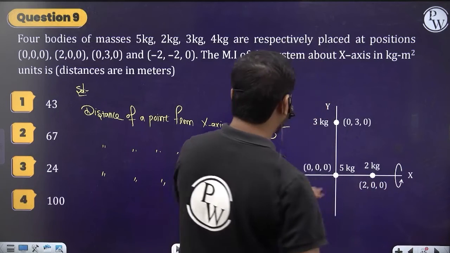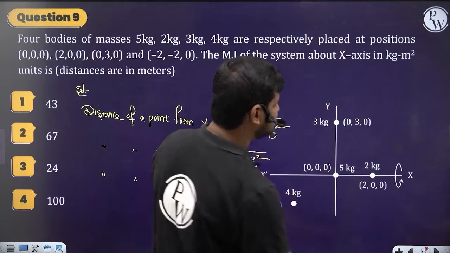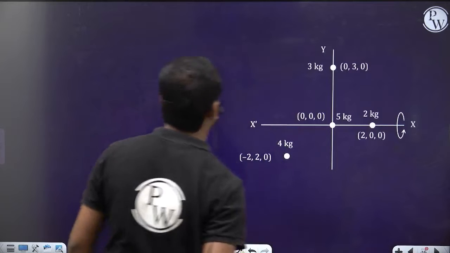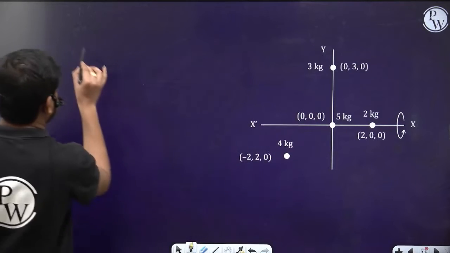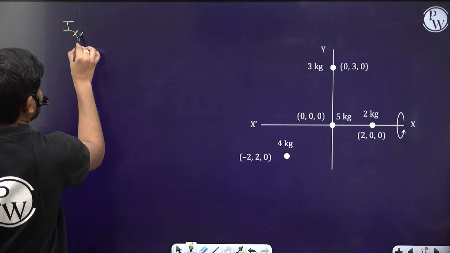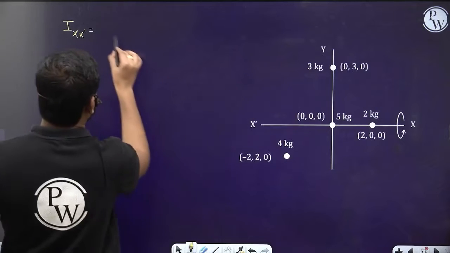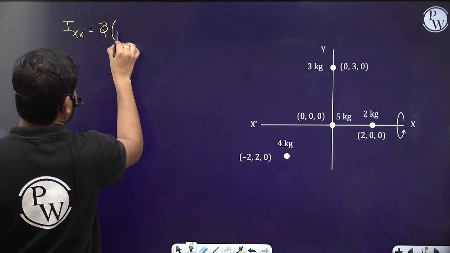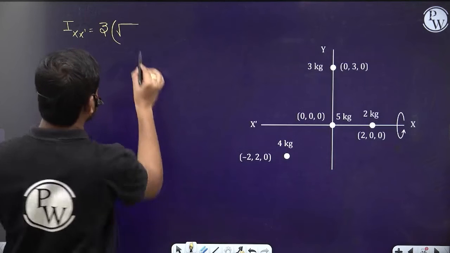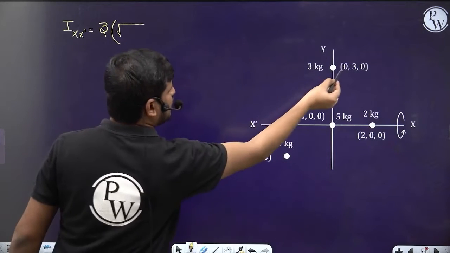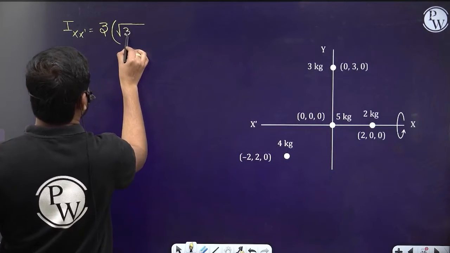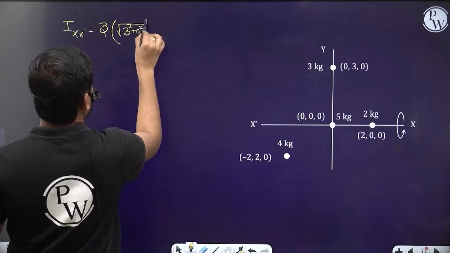Now from the x-axis, each point will be at a distance of what? Let's calculate that. For each mass we'll write the moment of inertia about x dash. First the 3 kg body: 3 into the square root of y square plus z square, that is 3 square plus 0 square, whole square.